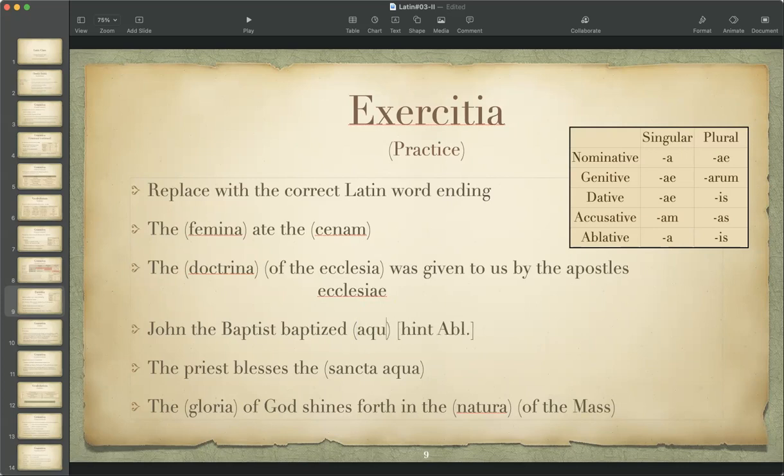We don't need a with here. We just need a long A. Eventually we'll be able to say the rest of that, and you'll see that we don't need anything other than the aqua.